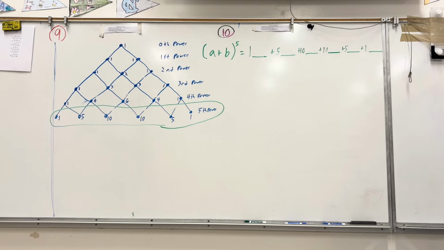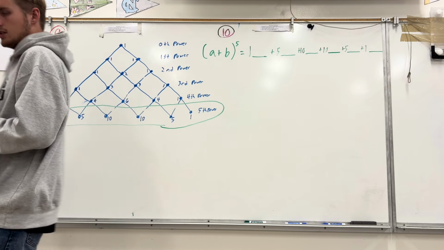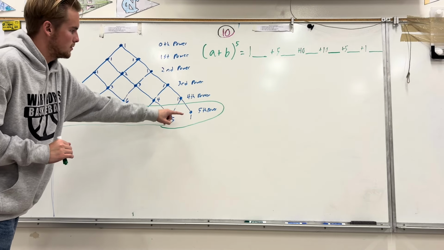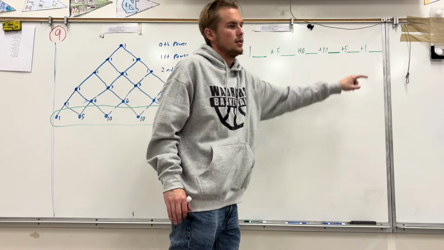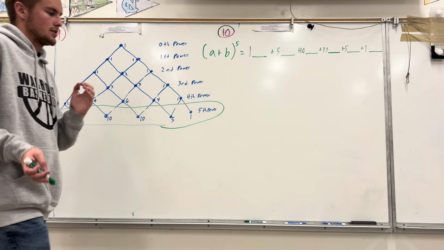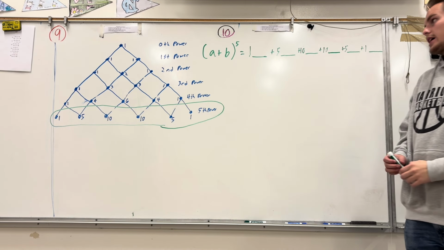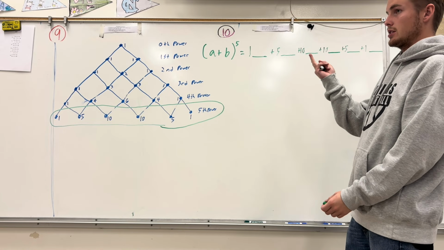Pretty easy, right? We're just taking these numbers right here, 1, 5, 10, 10, 5, 1, and writing them 1, 5, 10, 10, 5, 1. Okay, now what goes in those blank spaces? Well, there's also a pretty easy formula you can use for that. First, you have two terms in here.